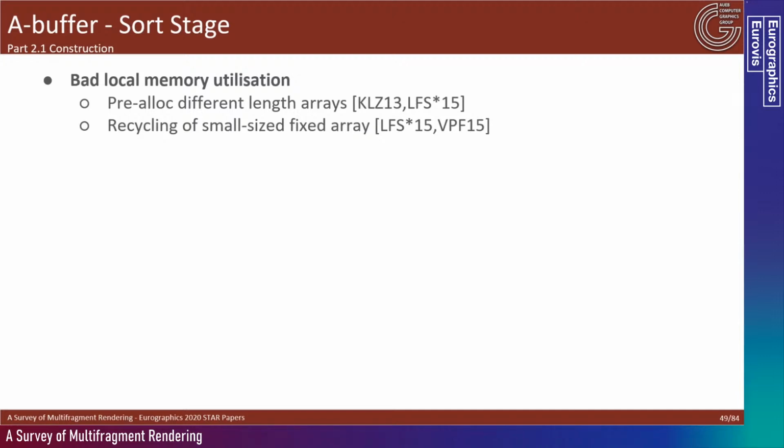The first approach works by performing different screen space passes, where in each screen space pass a list of different fragment length is sorted. The second idea partitions the depth sorting into batches and iteratively sorts the larger list using a smaller amount of local memory.